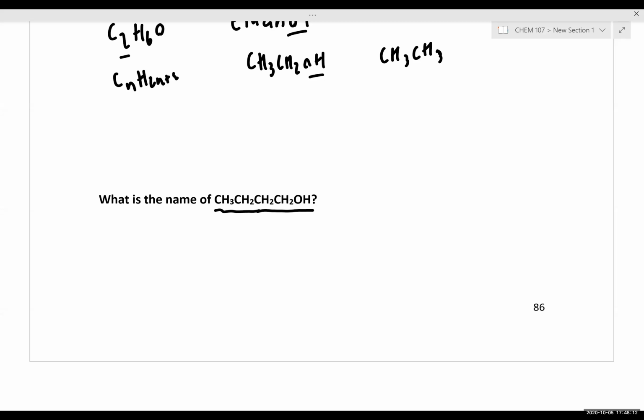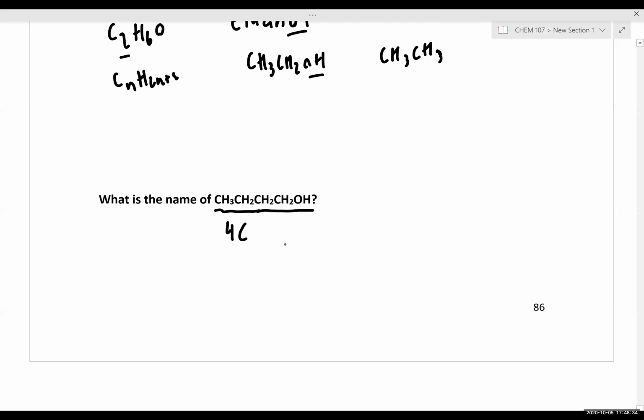Professor, I'm kind of confused. What do we do with the H or the OH? So I know the first step would be counting the carbons. Yep. And then we count the hydrogens next. Yep.